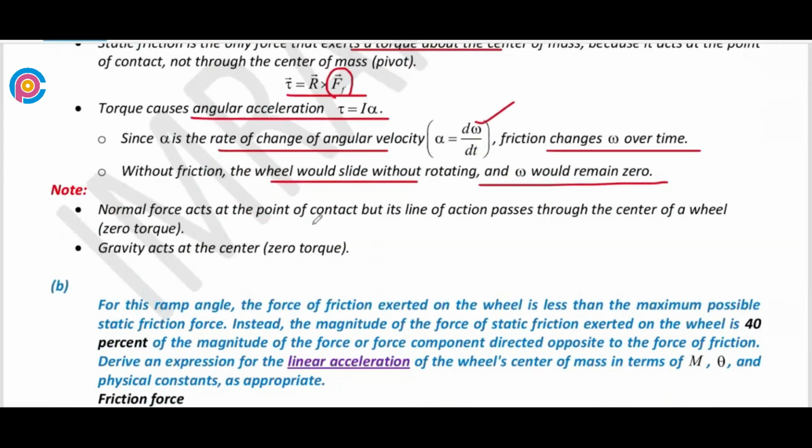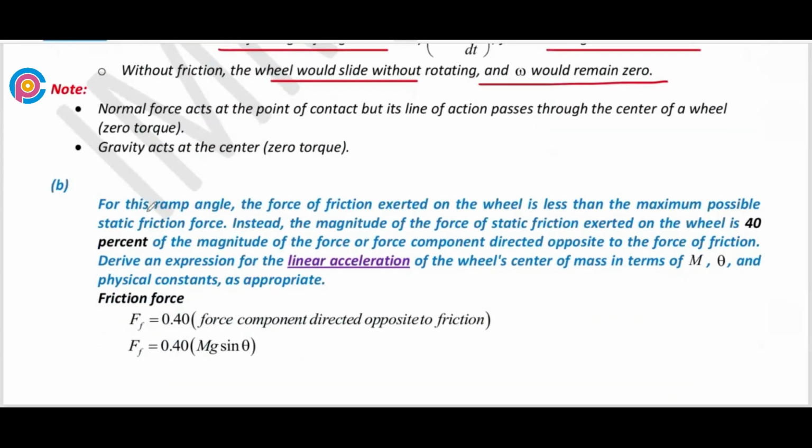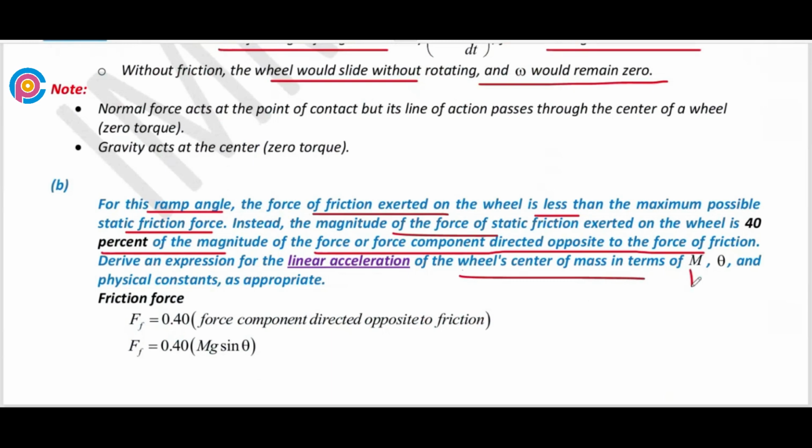Next part of the question: for this ramp angle, the force of friction exerted on the wheel is less than the maximal possible static friction. Instead, the magnitude of the force of static friction is 40% of the magnitude of the component of the weight directed opposite to the force of friction. Derive an expression for the linear acceleration of the wheel's center of mass in terms of m, theta, and physical constants.